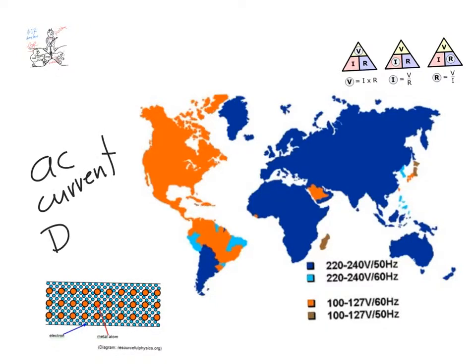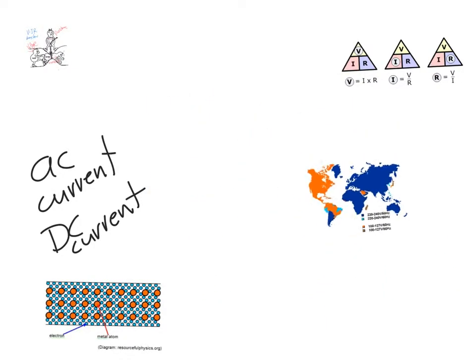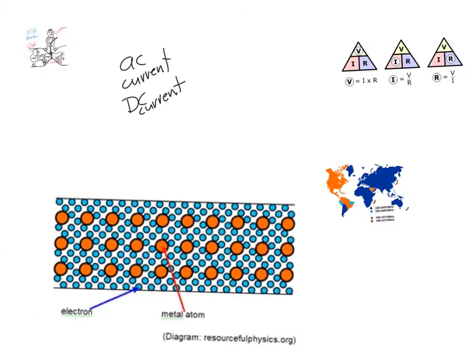That's different from DC: alternating current and direct current. AC current is from wall sockets, and that's why these have a hertz associated with them, a frequency. Here we are, 100 to 127, so 120 volts. All these countries, and then, that's a little weird. Just 50 hertz, and then 60 hertz. Okay, cool. So know that if you're traveling.